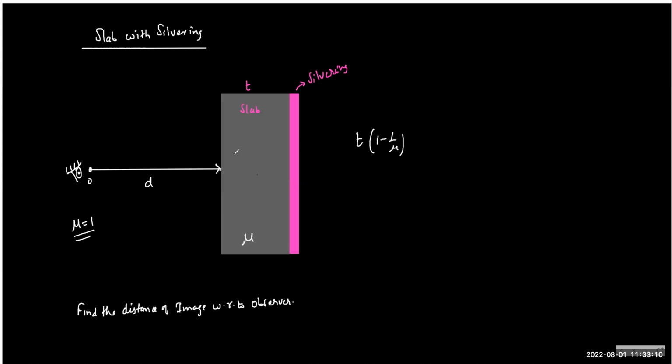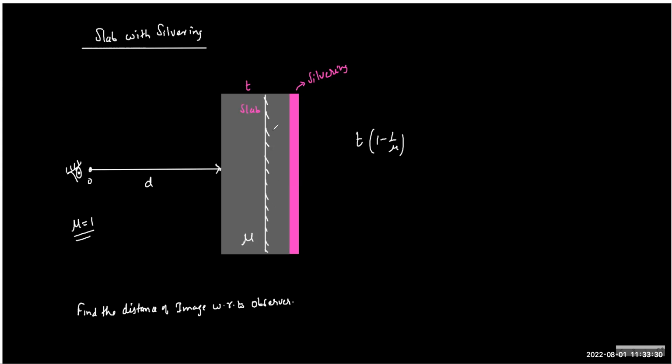First of all, the observer will not look at the mirror where it is exactly. For anyone looking from the left side from the air, the mirror will appear here.